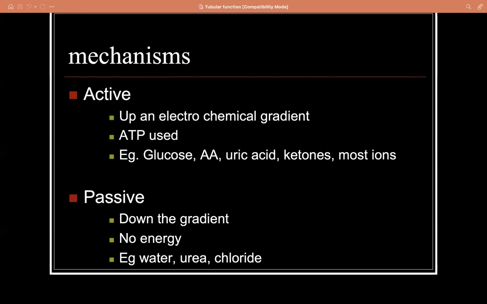Most ions will be moved back into the body or out of the body using active mechanisms where ATP is used. And therefore, they can even be moved against the concentration gradient. There can be a lot of sugar in the body, but it will still be reabsorbed against the concentration gradient. On the other hand, water, urea, chloride, move passively.